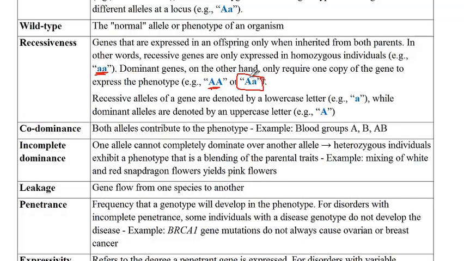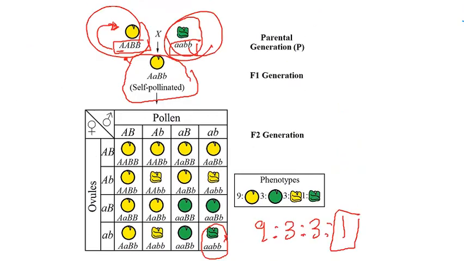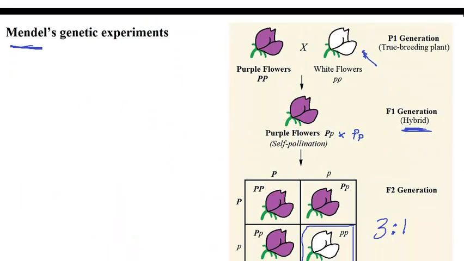So here we have a heterozygous A, capital A, lowercase a, but the recessive gene will not be able to express itself. So here, recessive alleles of a gene are denoted by a lowercase letter, while dominant alleles are denoted by an uppercase. And all these examples that I've solved here for you were examples of dominant versus recessive.